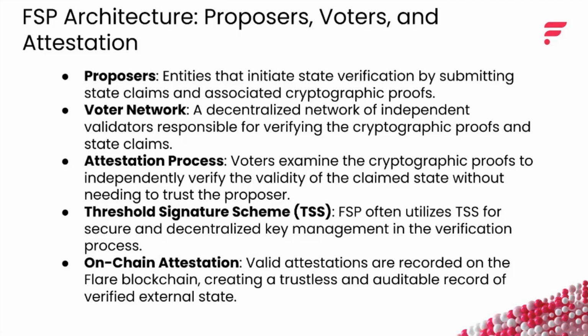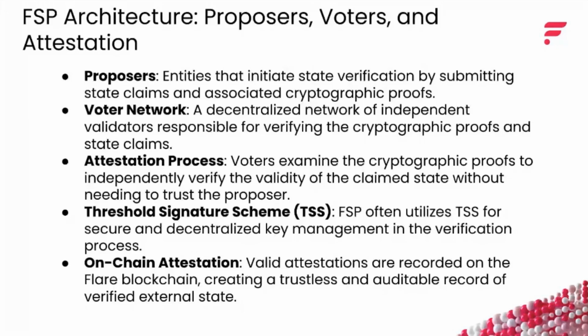Voters examine these cryptographic proofs to independently verify the validity of the state, and they can do this without needing to trust the proposer at all, because it's relying on the cryptographic proofs. And to enhance the security and decentralization, FSP often uses the threshold signature scheme for secure distributed key management, I believe, during the verification process.